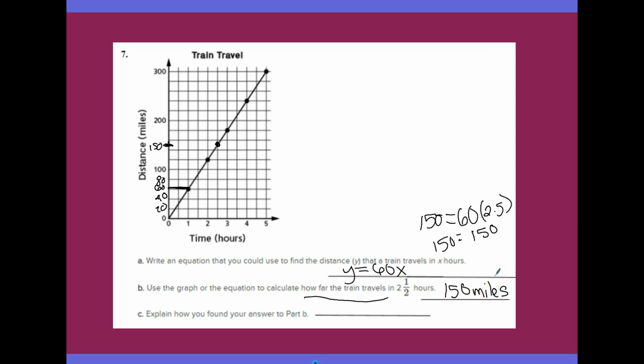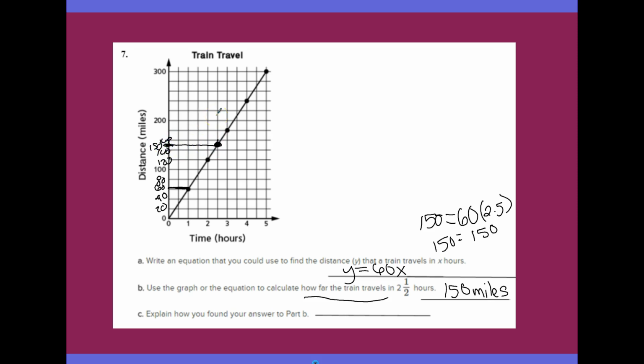Explain how we found that answer. Well, I looked at my graph first at 2.5, and I went up to where that line was crossing. At about 2.5, it was crossing 150, because it's right between, if it's going up by 20s again, 120, 140, then 160 here. So right in the middle would have been 150.